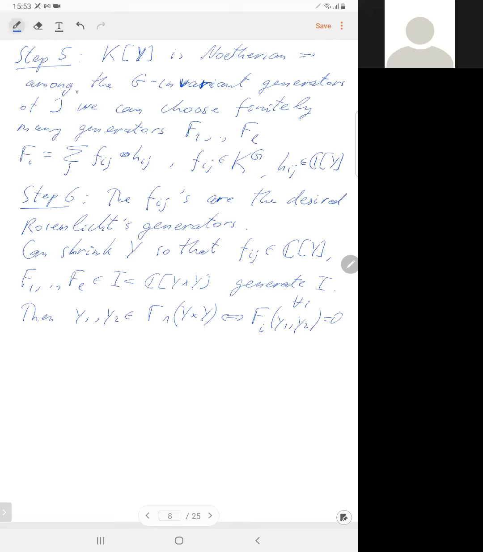Okay, but now, since we have the decomposition of those F_i's, it is equivalent to the fact that F_ij of y_1 times H_ij of y_2 is 0 for any i.